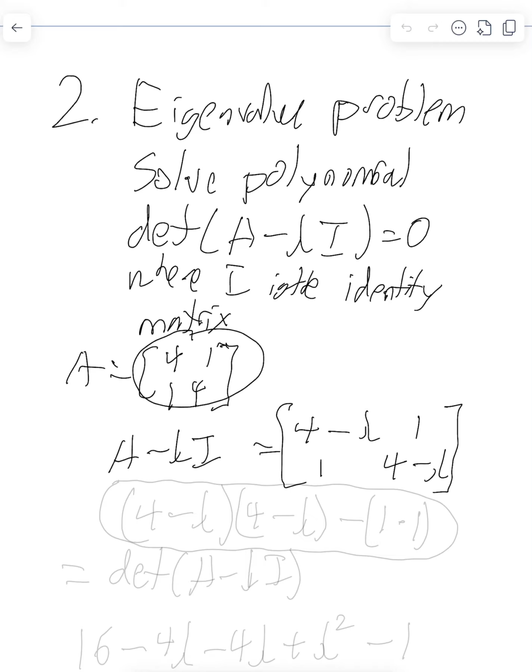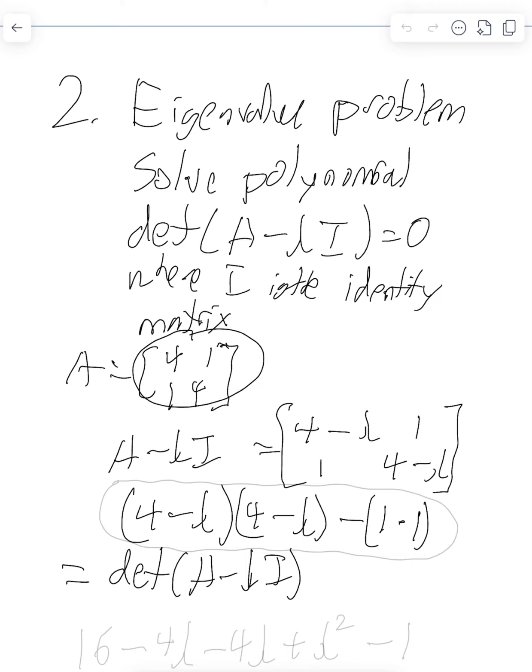Therefore, we would just get 4 minus lambda times 4 minus lambda minus 1 times 1. That is just equal to the determinant of A minus lambda I.